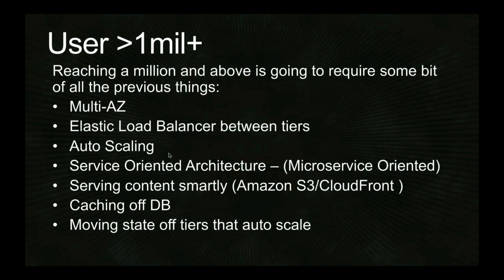You should consider microservices or service-oriented architecture to split your application into multiple components, scale them out horizontally, and have no single point of failure there. Serve your content smartly, cache wherever you can, add caching to all the different layers. Serve static content out of Amazon S3 and CloudFront, not from your dynamic web servers with compute. So now it can look something like this.